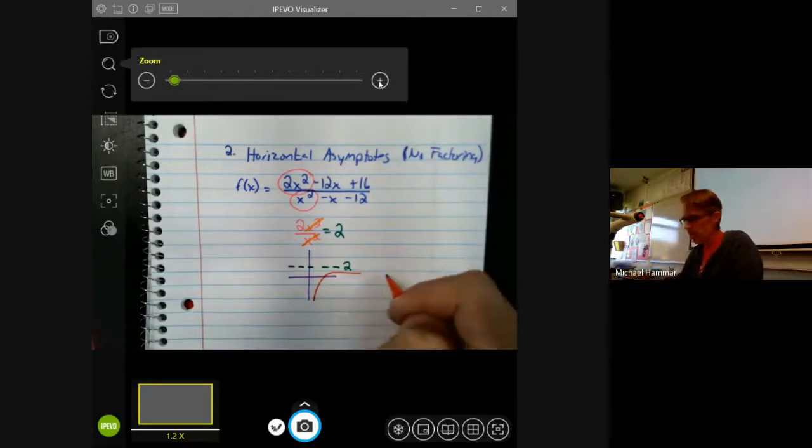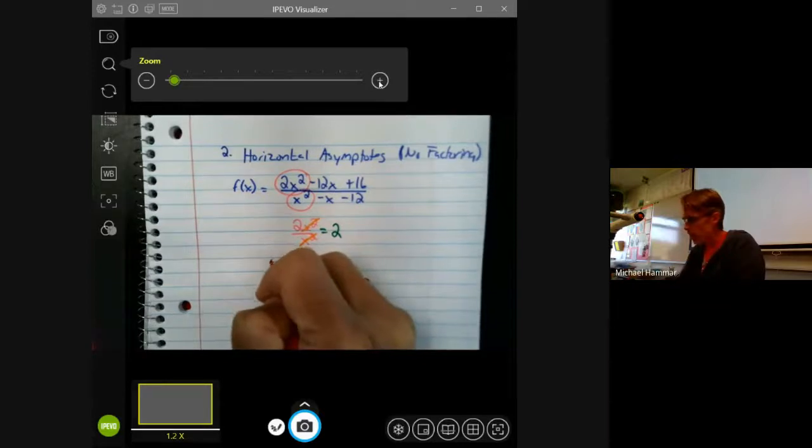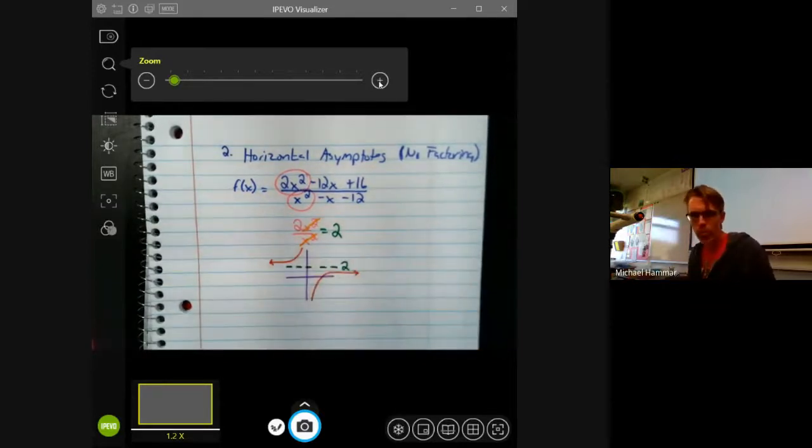So your horizontal asymptote will be there. And there could be something going this way, and it will not cross 2 going that way. So we look at the highest degree term in both the numerator and the denominator, and we divide them. Whatever value we get, that is where our horizontal asymptote is.